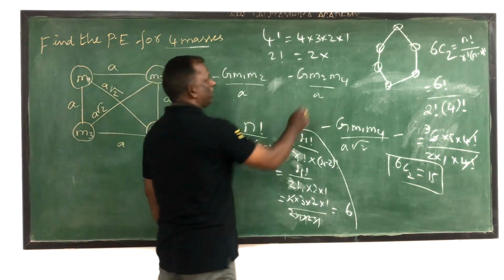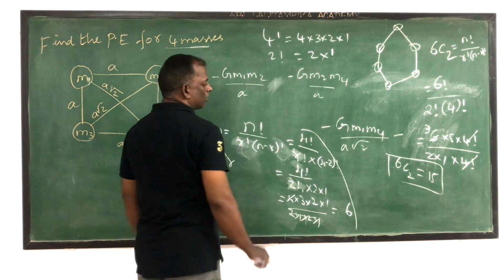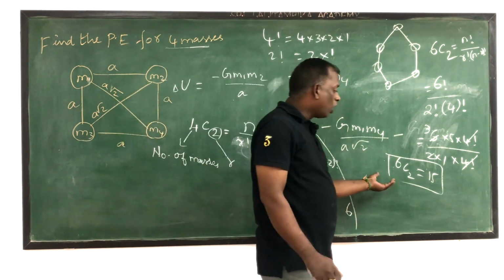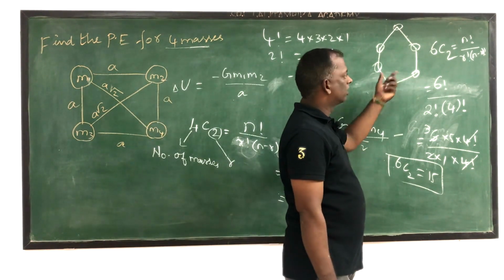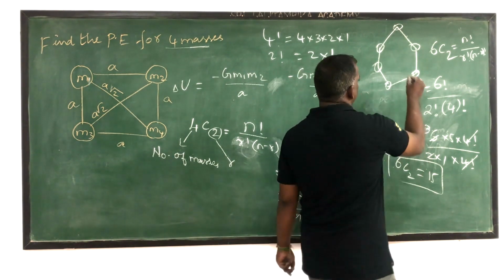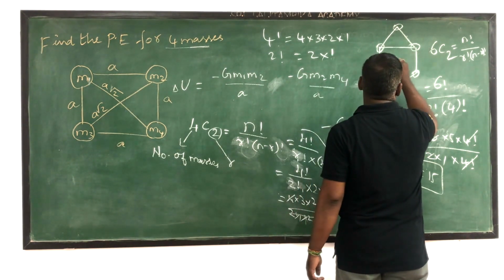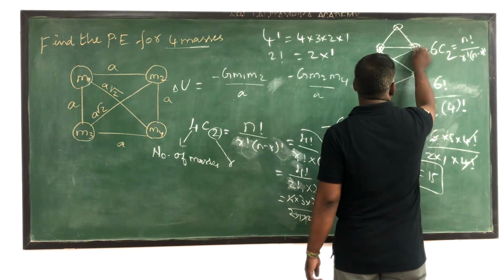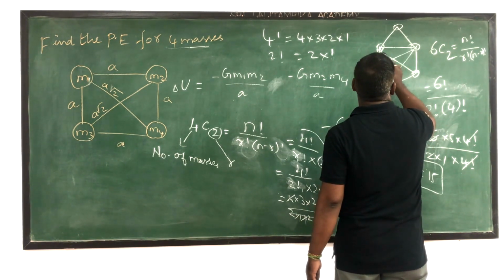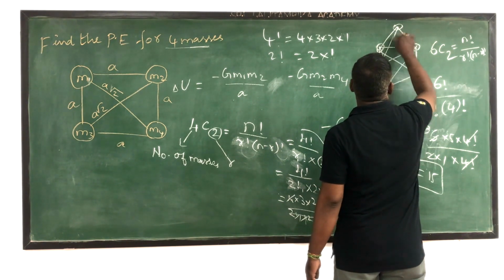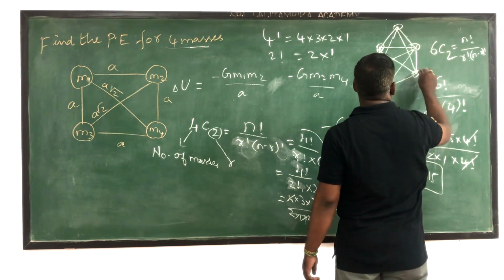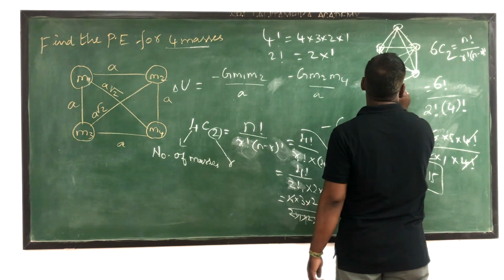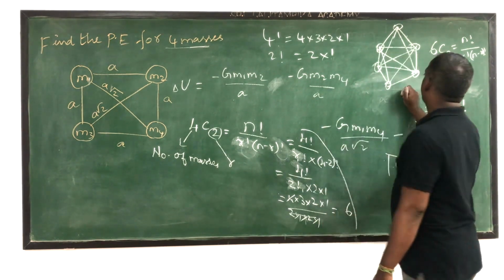It is 2 into 1. So இது எதுக்குன்னா how many number of potentials are there. So this is how they get 15.